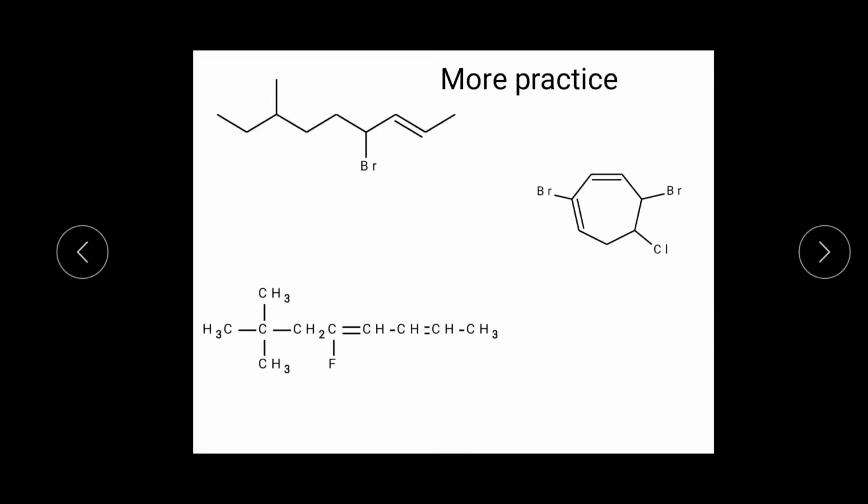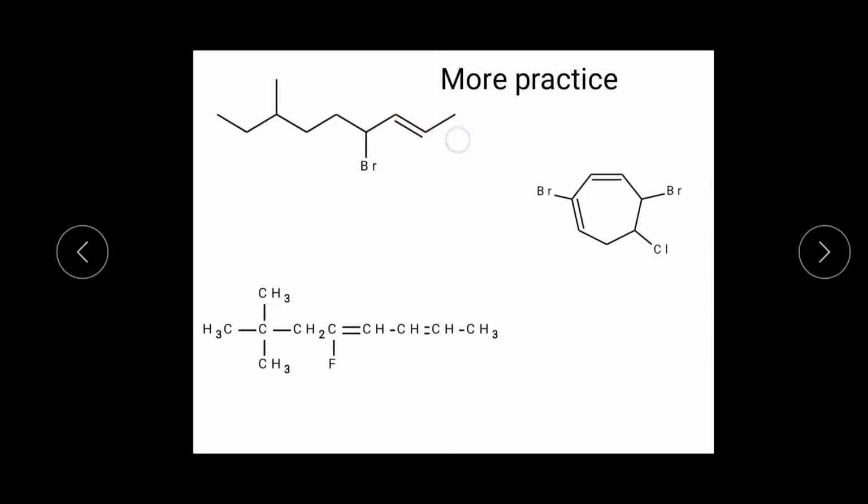Now let us again try to name this structure. Are we going to start on the left or on the right? Right to left or left to right? For this structure, we will begin the counting where the double bond is nearest to the end.